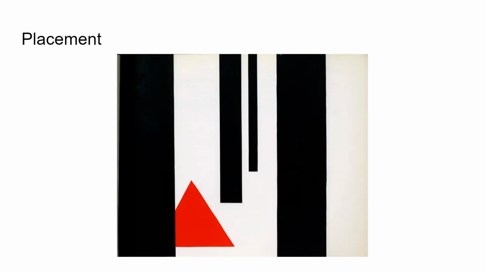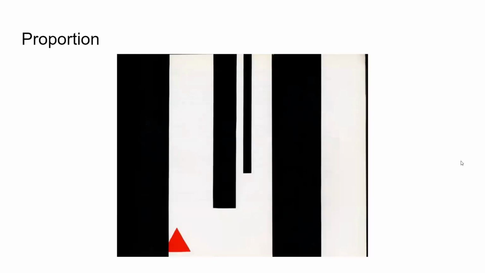But even if we've only recognized the shapes so far, we understand that our red triangle is in the midst of these darker shapes. They surround it. Proportion is another tool that we can use in a very similar scene. Here we've shrunk our triangle down. This environment begins to feel more threatening, or at least more surrounding.